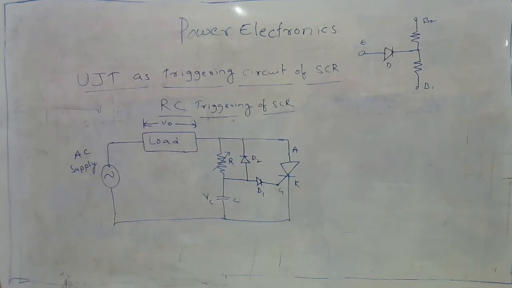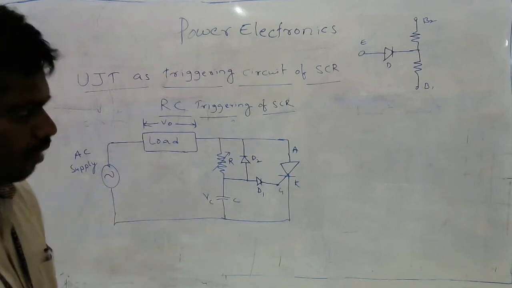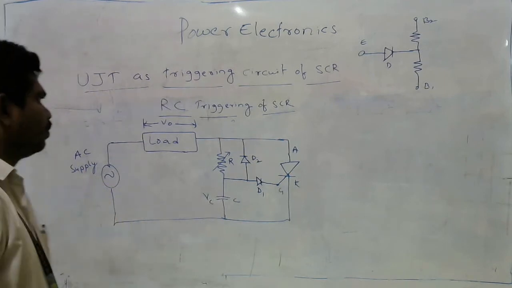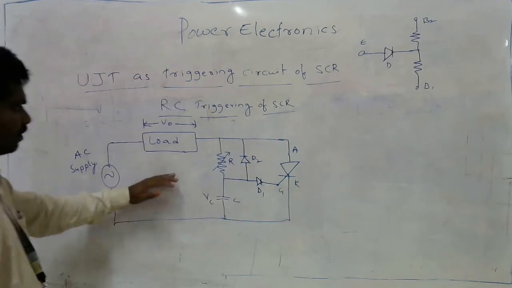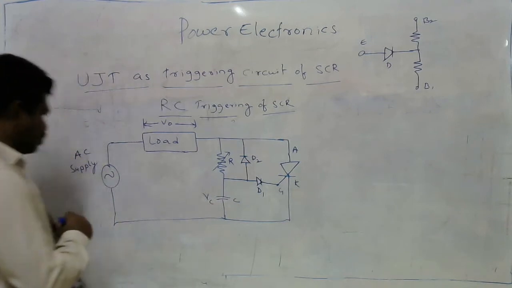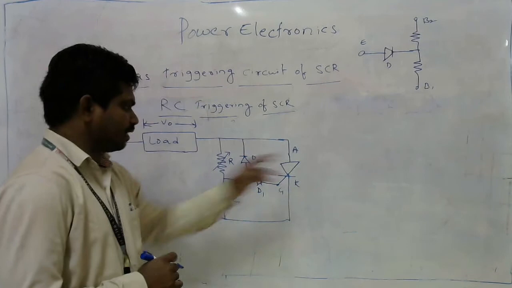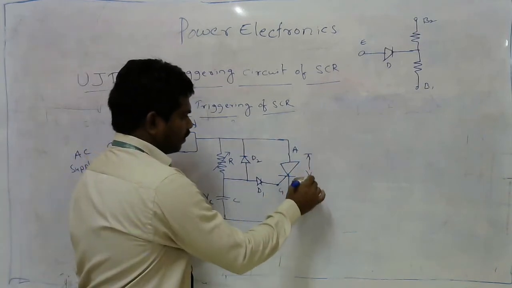I said there are two types of RC triggering circuits for SCR. This one is the half wave RC triggering circuit. When you apply the positive half cycle or negative half cycle, it decides the operation of this SCR. I am calling this the voltage across VT.